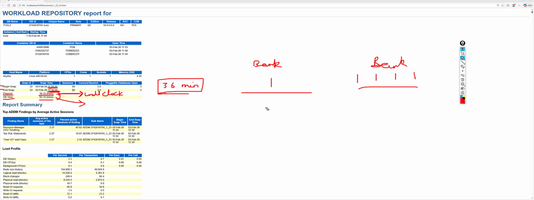Okay, so here there are 10 customers, and here also 10 customers, or we can take 16 customers in total. Let me change the example. Here there are 8 customers, and here also 8 customers.